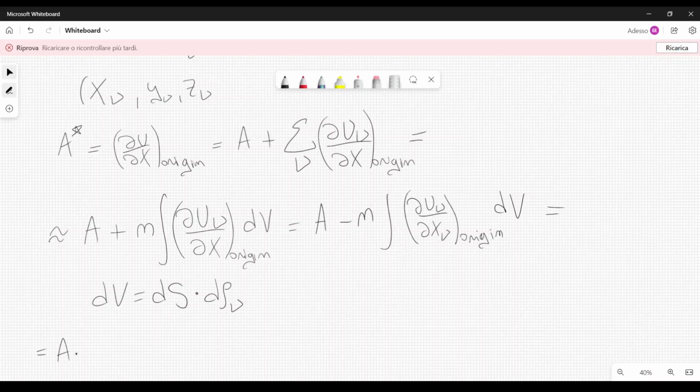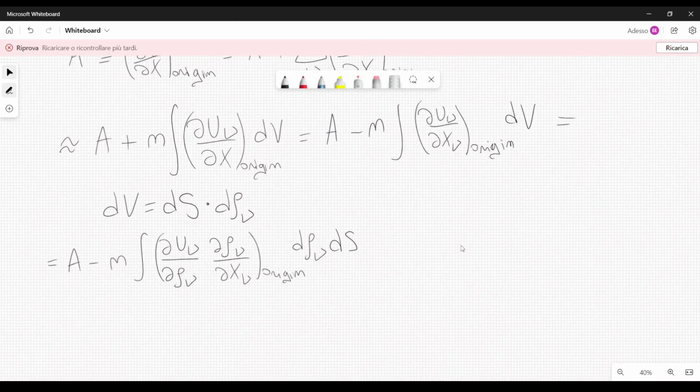This is a minus n integral, and then instead of du nu with respect to x nu, I will rewrite du nu with respect to rho nu, and then I use the chain rule, d rho nu with respect to x nu. We still have to evaluate this at the origin, and then I have d rho nu ds. So I rewrite it like that, and now I also have that d rho nu over dx nu.